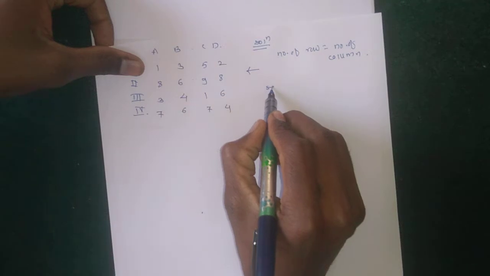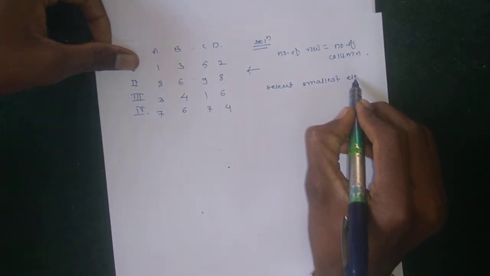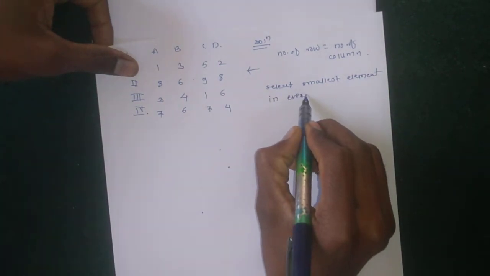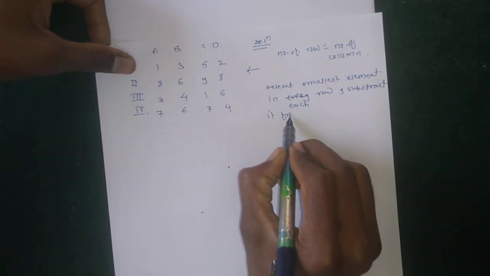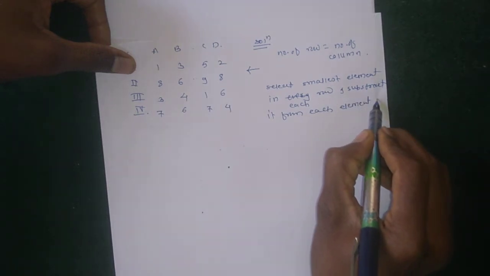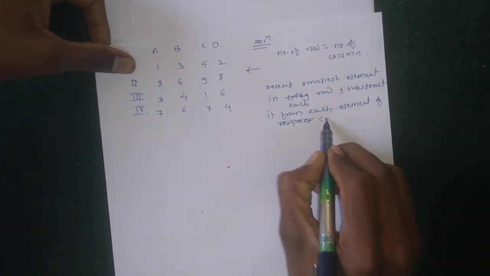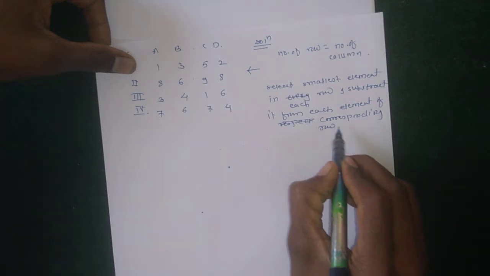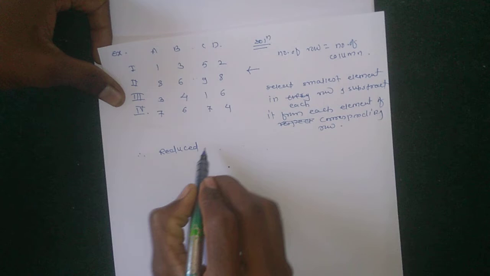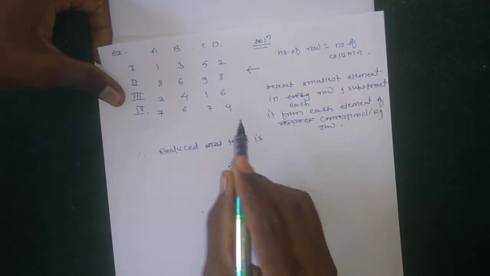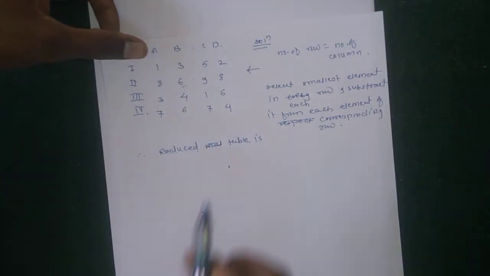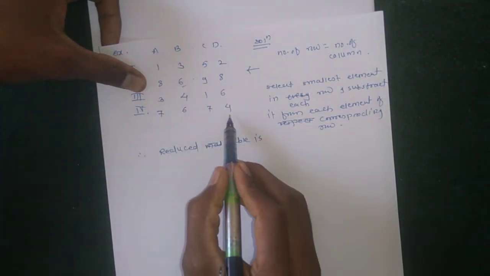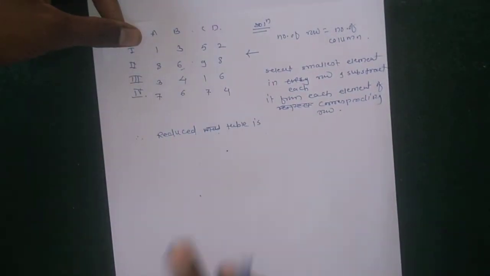Subtract it from every element of the corresponding row.